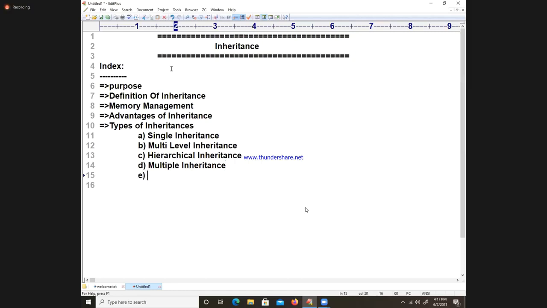E is hybrid inheritance. After that comes the syntax for inheritance, and next we are going for a programming exercise.